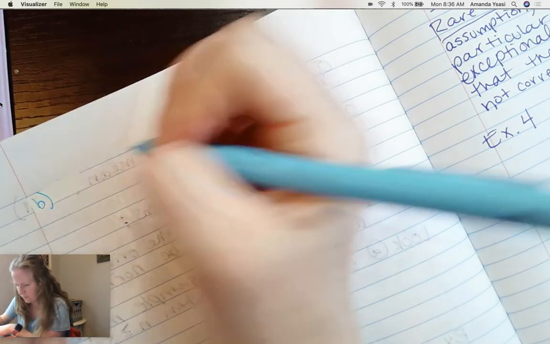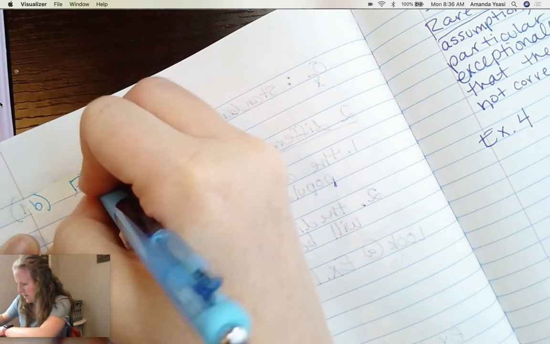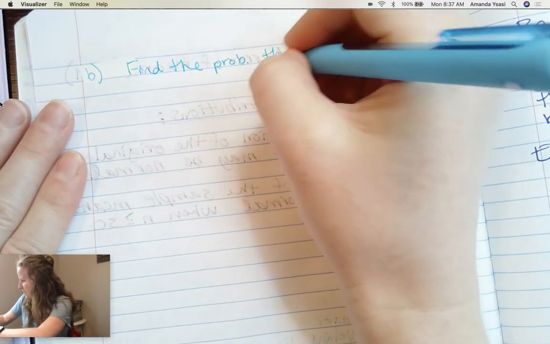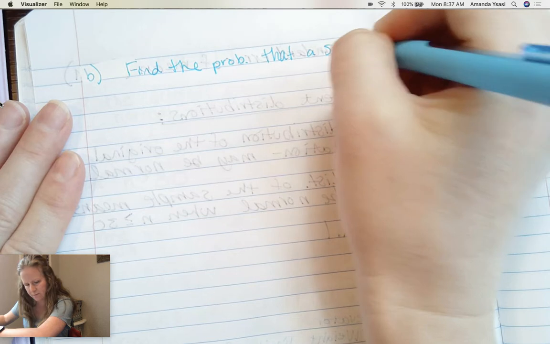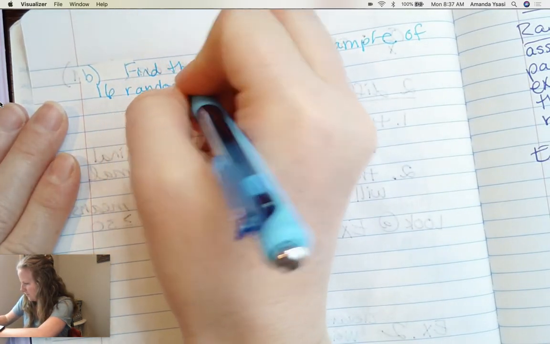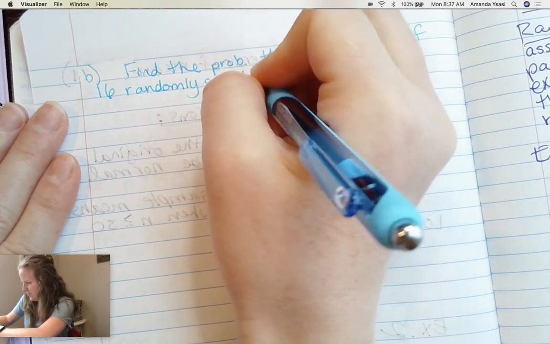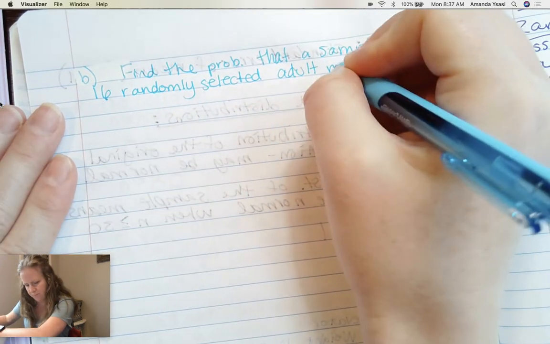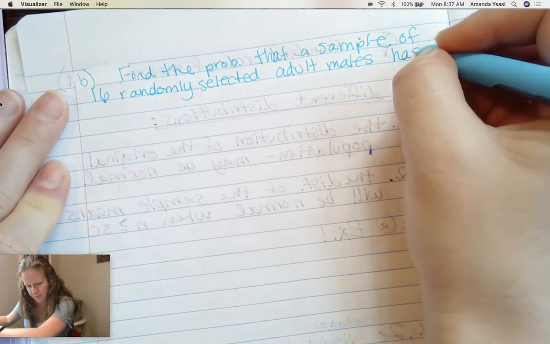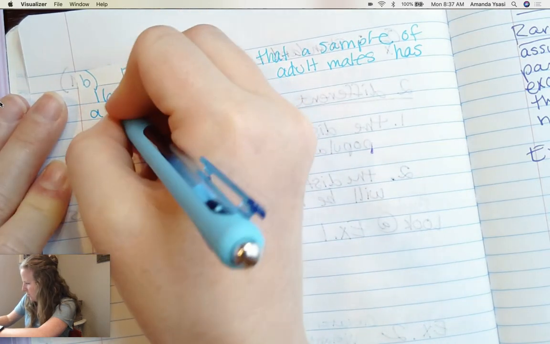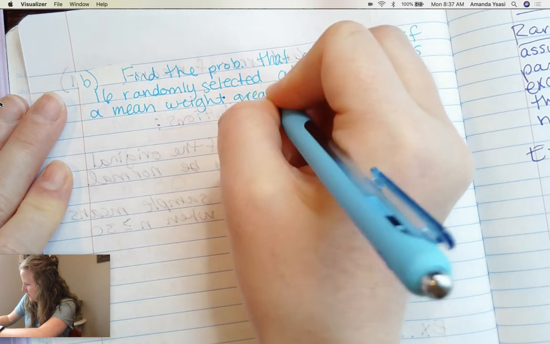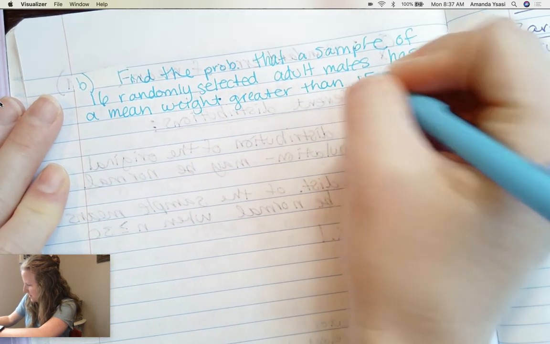Okay, so part B says, find the probability that a sample of 16 randomly selected adult males, that a sample has a mean weight greater than 156.25 pounds.